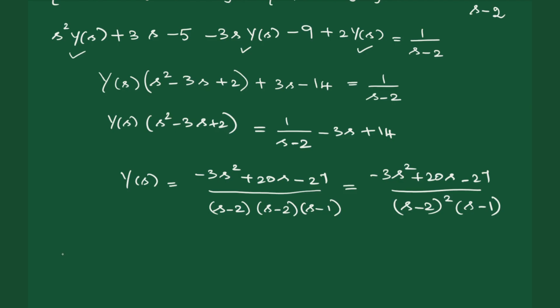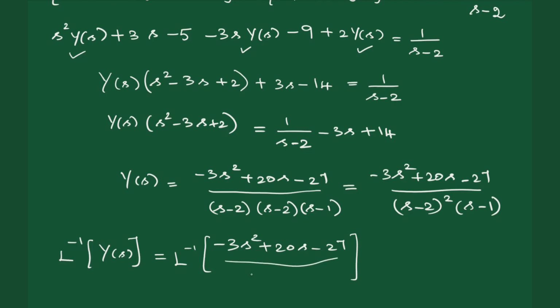So the next step is we have to take inverse Laplace transform on both sides. So taking inverse Laplace transform, left side becomes L inverse of y of s and right side is L inverse of the remaining term, s minus 2 whole square into s minus 1. So now you know how to find L inverse of this term. You can use the partial fraction method or any properties, whatever method we have already studied, we can apply here to find the L inverse.